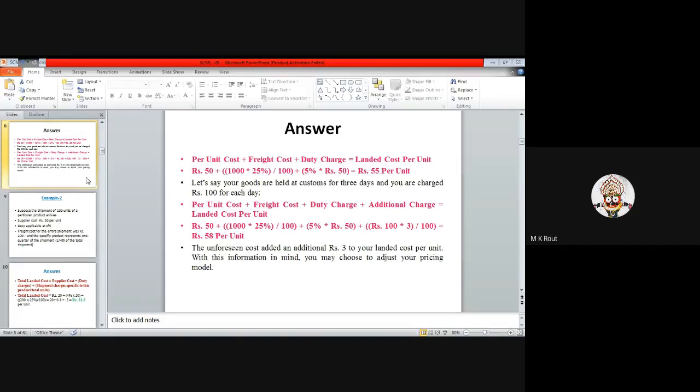And the duty charge is given as 4%. The next part is that the freight cost for the entire shipment was given as 200 rupees.